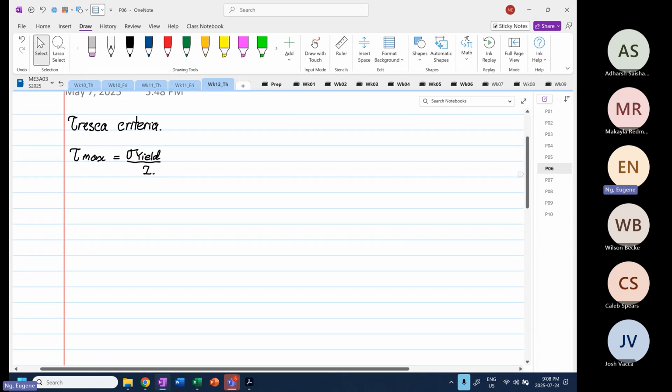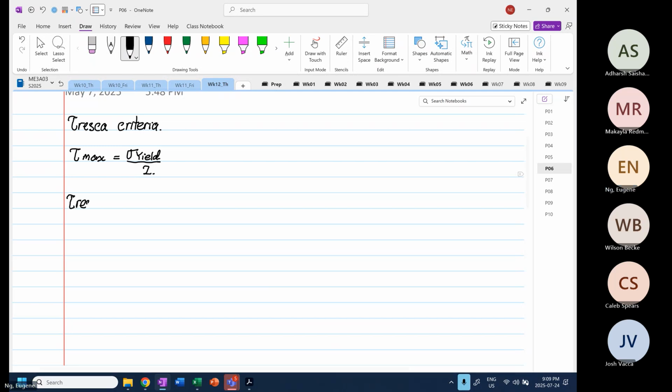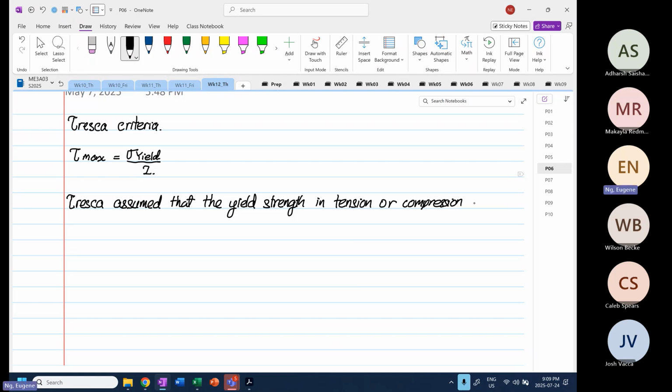And another thing that Tresca assumed is that the yield strength in tension or compression are equal.